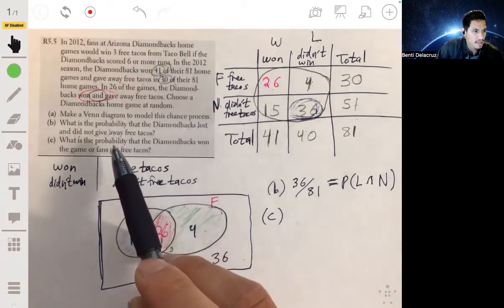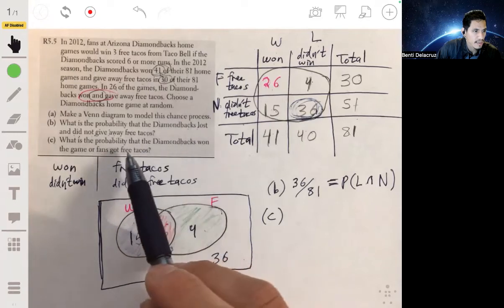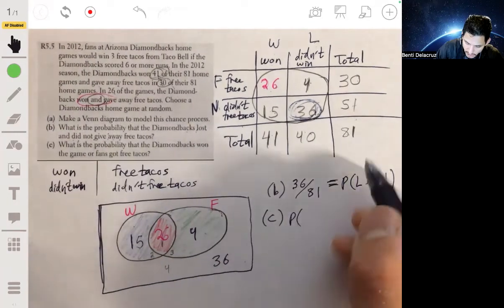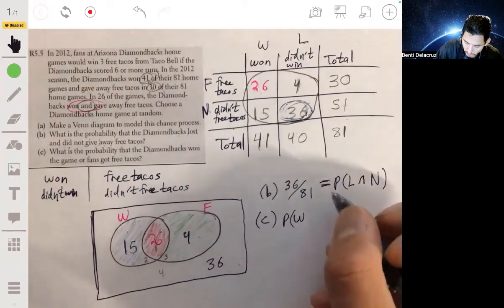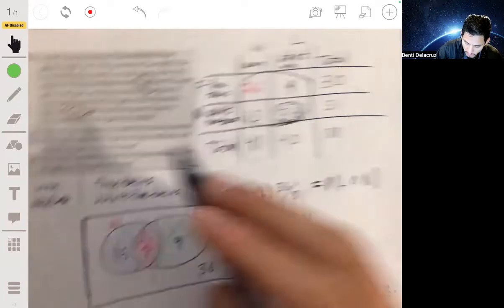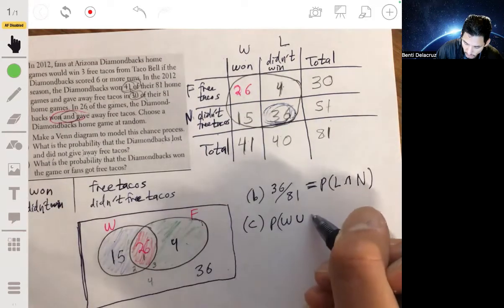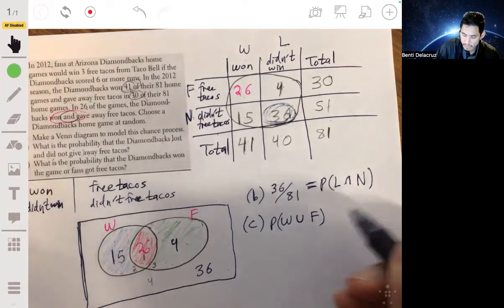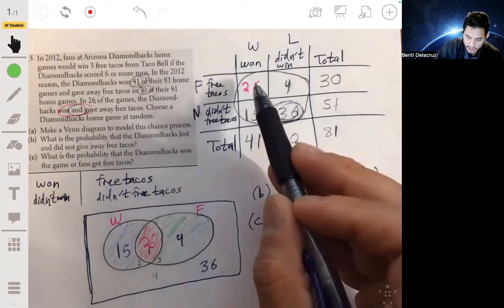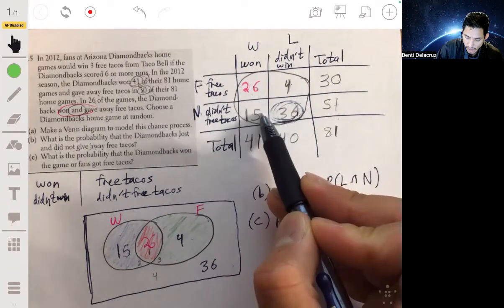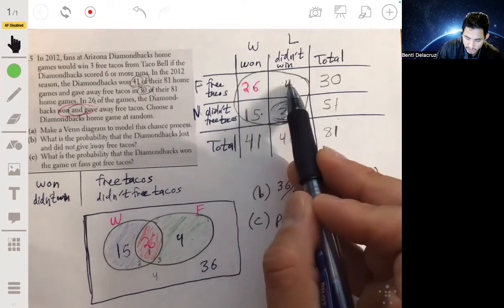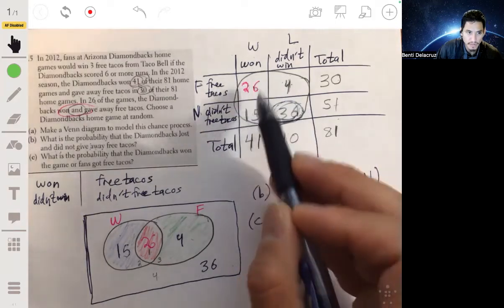And then part C, what's the probability that Diamondbacks won the game or the fans got free tacos? The probability that they won, the probability of W, or if we use this union, or got free tacos, the probability of W or F. So then basically you got this and this. Here these two they got free tacos, these two they won, but don't double count.